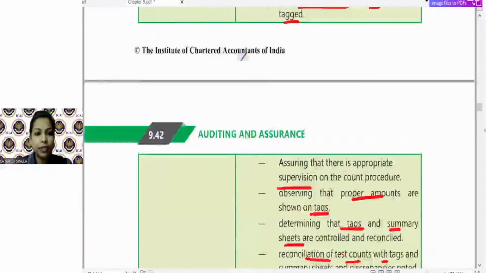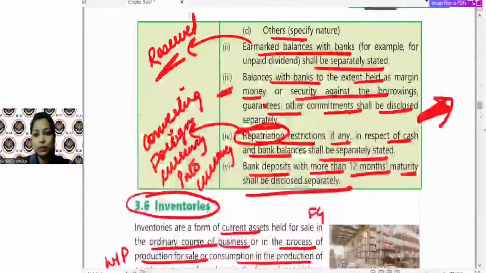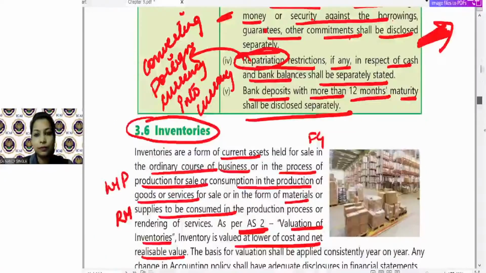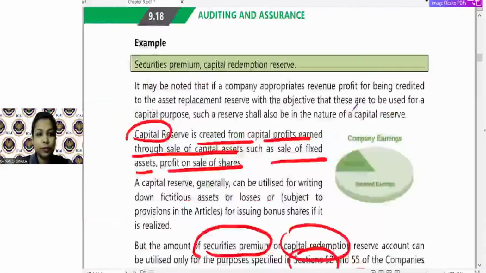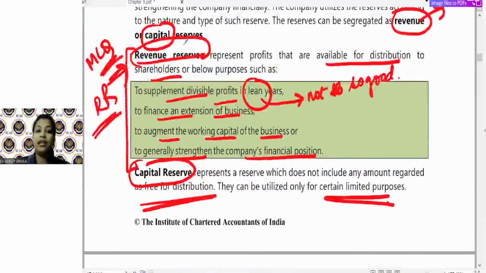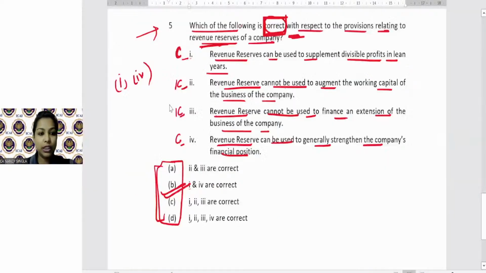Just a minute, let me just show it to you. So here, revenue reserve represent profits that are available for distribution to shareholders or for such purposes. So revenue reserves can be used to supplement divisible profits in lean years. So this was our first point. So this is correct.